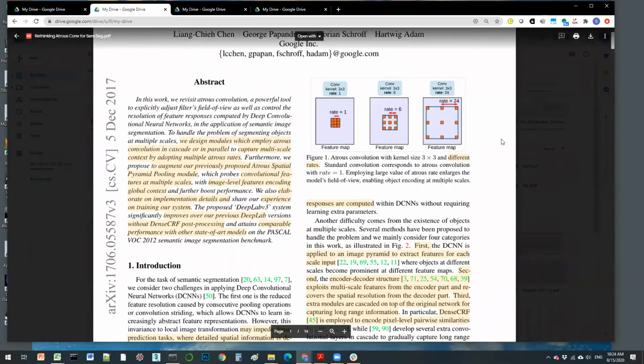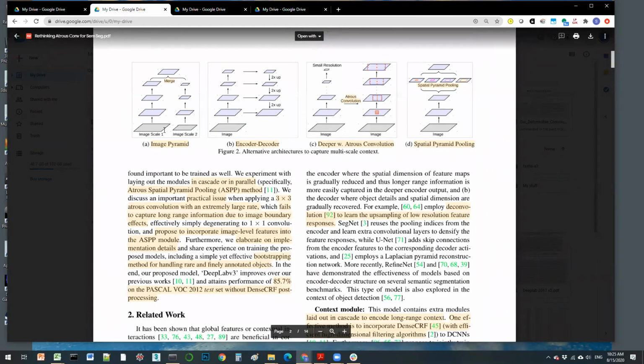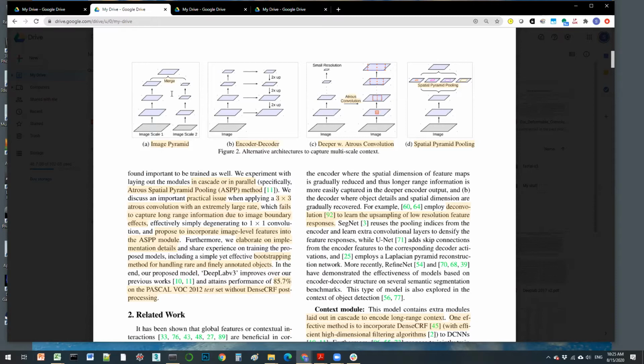Yes. Okay. So here they talk about this image pyramid, and this is the particular part that is being reused in the other paper.